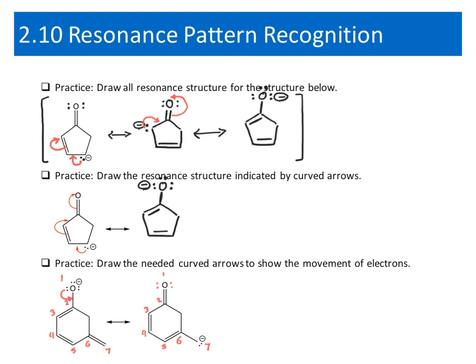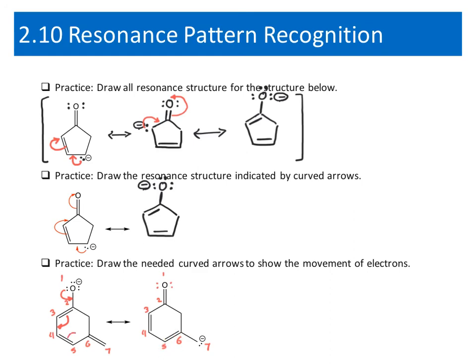All right, then if I compare carbon 2 and 3, what I see, the double bond between carbon 2 and 3 is now between carbon 3 and 4. So the pi bond moved here. Then the double bond between carbon 4 and 5 now is between carbon 5 and 6.